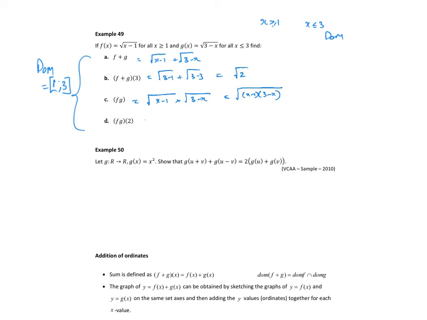Evaluate that at 2. We just get the square root of 2 minus 1 times 3 minus 2, which is 1 times 1, which is 1. That's just equal to 1.